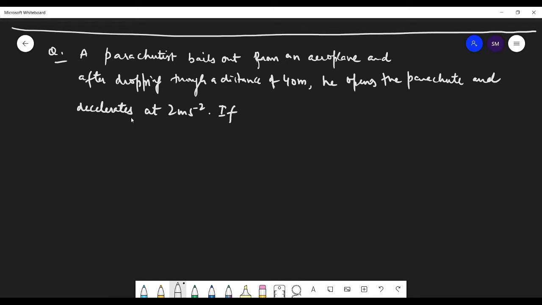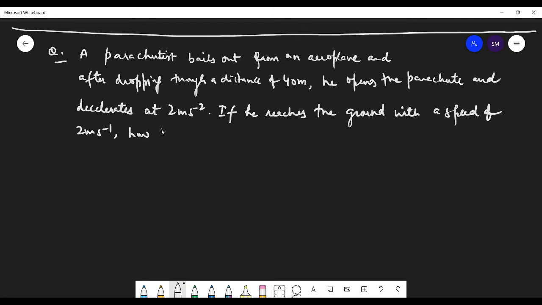So he opens the parachute and decelerates at 2 meters per second squared. If he reaches the ground with a speed of 2 meters per second, how long is he in the air?